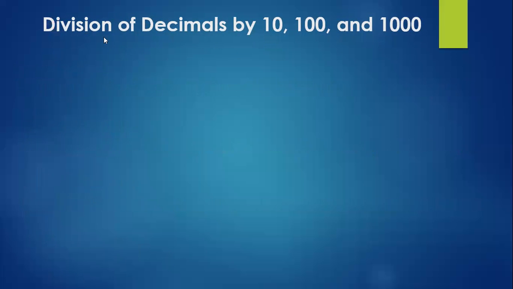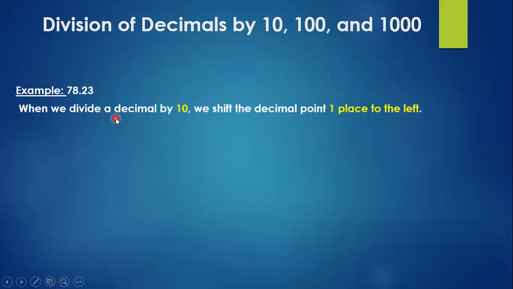Division of the decimals by 10, 100, and 1000. Let's take an example, 78.23. When we divide a decimal by 10, we have to move the decimal point towards the left.